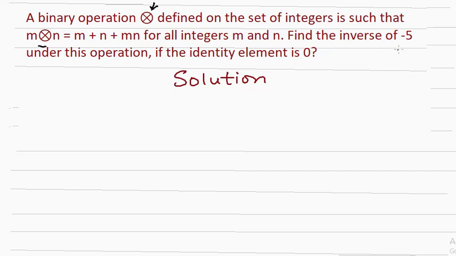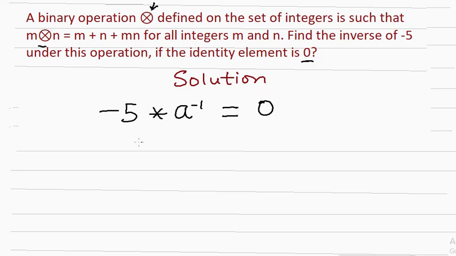Find the inverse of −5. It's the same way we evaluated the previous inverse. We still have the identity element, which is also given as 0. So that means −5 * the inverse of −5, using a raised power of −1 to represent inverse, is equal to the identity element, which is 0.